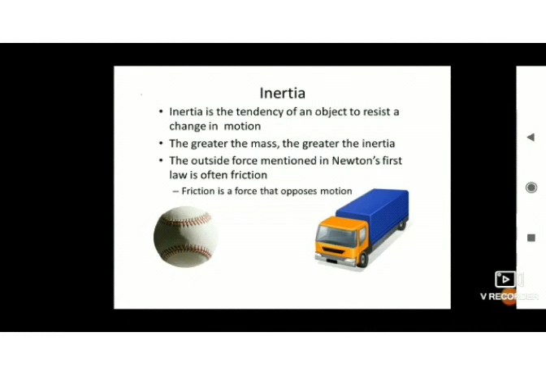So what have you understood from the term inertia? Inertia is basically the state of that object. If the object is stationary, it will remain stationary, or if it is moving, it will remain in a moving condition, unless and until a force is applied to it. There will be no change in its inertia.